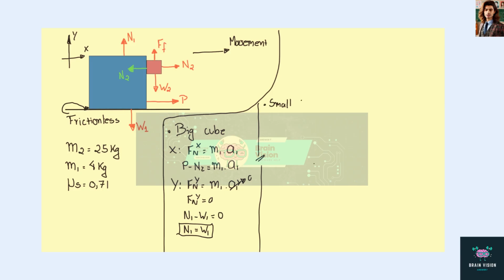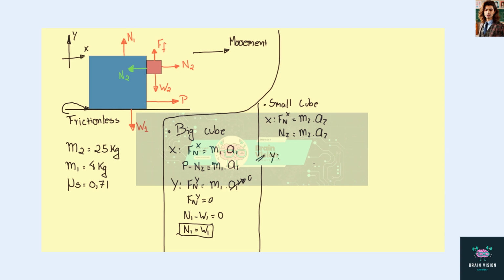Now let us do the same thing for the small cube. For the small cube, on the x-axis we have the following. The net force in the x direction is equal to the mass of the small cube times its acceleration. But the net force that acts on the small cube on the x-axis is only one force, N2. Then N2 is equal to M2 times A2. And also, let us do it for the y-axis.